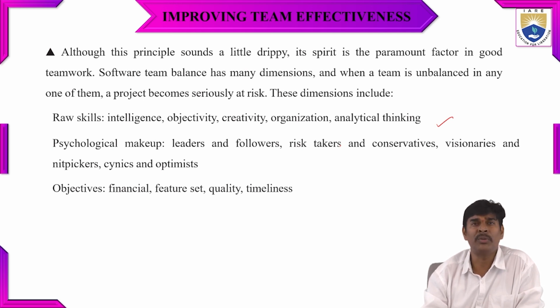The project manager or team leaders also have to verify whether the person has the psychological makeup, such as leaders and followers, risk takers and conservatives, visionaries and nitpickers, and cynics and optimists.